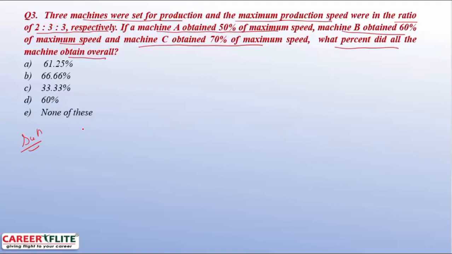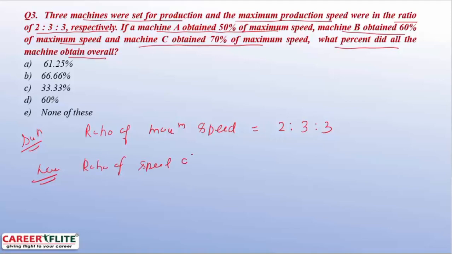What is given? Given here is the ratio of maximum speed of the machines. It is in the ratio 2:3:3, the maximum production speed. Okay. So now what is the ratio of the speed obtained? The ratio of speed obtained will be 50% of the first ratio, that is 2.